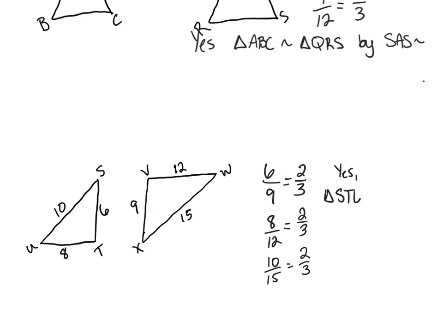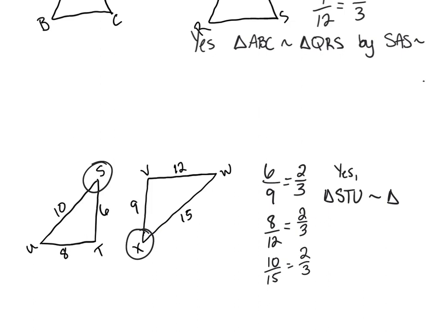Now, if I look at naming this, say triangle STU is similar to triangle, how am I going to know where to start if I started at S? X. Why X? Because ST, that line, goes over XV. So what Bryce is saying is that's how we set up our proportion.